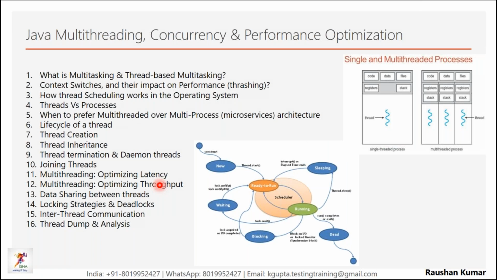And this would be the last topic. We'll talk about multi-threading and concurrency and how we can optimize performance, because the main objective of multi-threading has always been increasing performance, to run programs in parallel so that we can minimize the execution time. But if multi-threading is not done properly, it can come to a blocking state or deadlock situation where you will find issues.